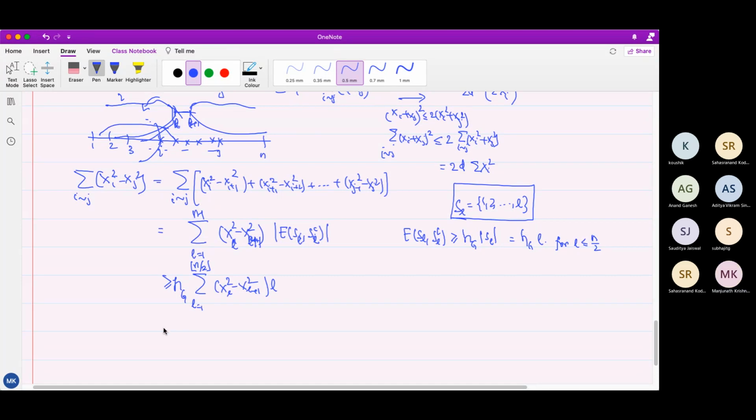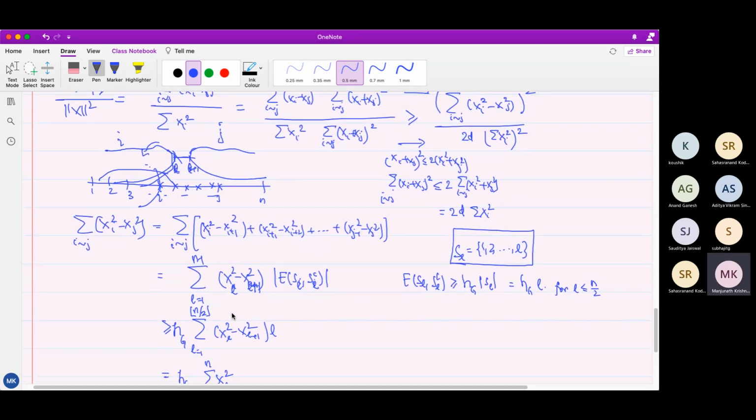Yeah, this is Hg times this. This is more or less xl square because it comes once with a plus, once with a minus. Right, xl square minus xl plus 1 square times l. So xl square will come once with l, once with l minus 1 with a negative sign. So this is actually basically this.